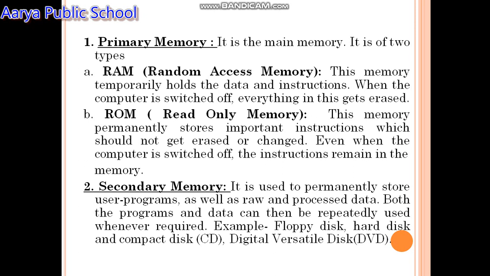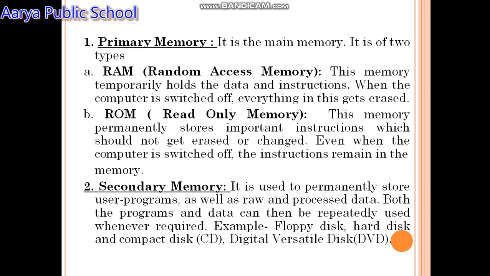Primary memory is also called internal memory, meaning inbuilt memory. First, RAM, random access memory. This memory temporarily holds the data and instructions. When the computer is switched off, everything in it gets erased.